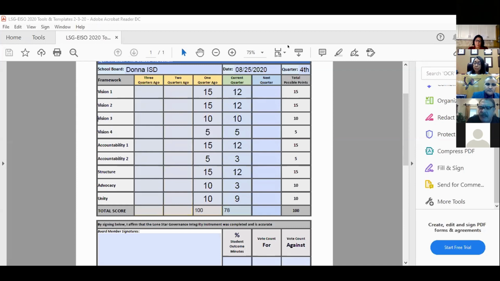So if you want to run, you should have an idea of what TEA and the board that has been seated wanted to do, and what direction we want to continue to take Donna ISD in. I don't see the problem. It may be a 3-hour training that they have to go to, but at least they have an idea of what they're getting into, whether they win or lose, prior to the election.